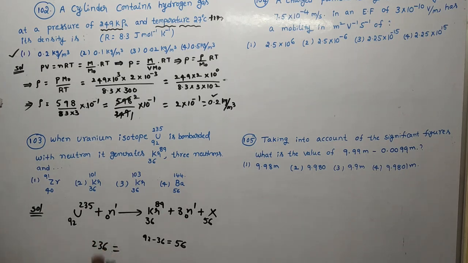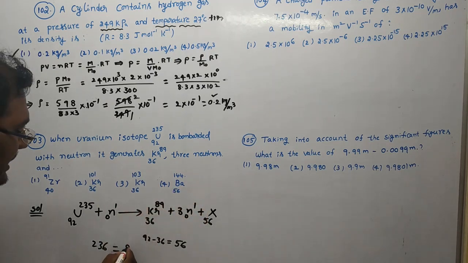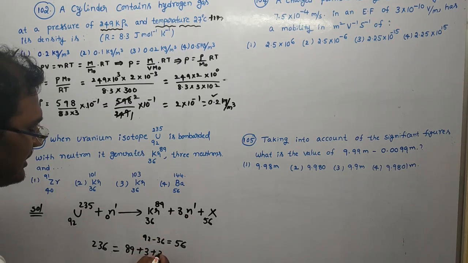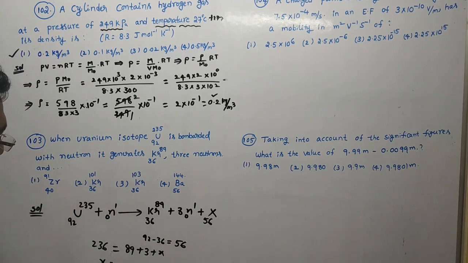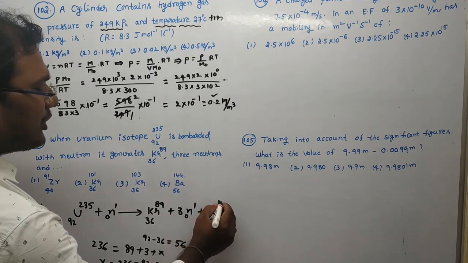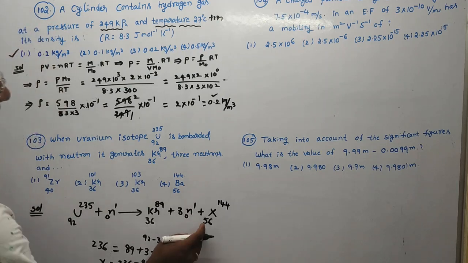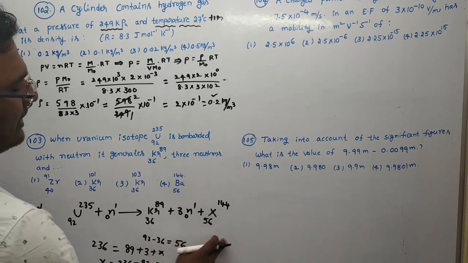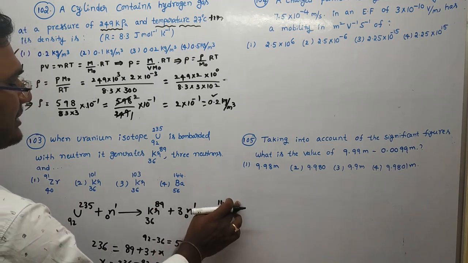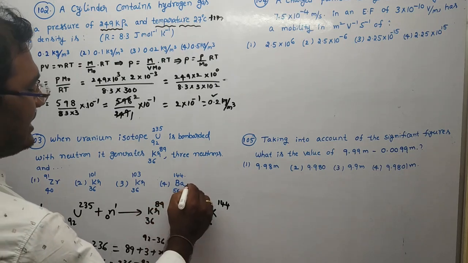That should be equal to the mass number of the products, 89 plus 3 neutrons plus 3, the remaining will be, let it be X. Therefore X equals 236 minus 92, that equals 144. Therefore the mass number of the remaining product is 144. In the given option, the atomic number should be 56 and mass number should be 144. The option 4 is the correct one.